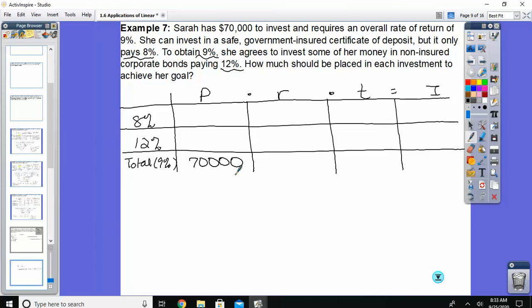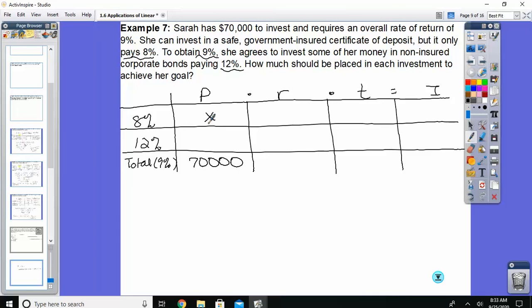So she's going to put some of her money in each of these other two things. Now here we have to be a little careful. I can't just say they're both X, because she doesn't put the same amount of money in each. So I'm going to make one of them X. Now let me ask you a question. If she has $70,000 and she put $10,000 in the first, how much would she have to put in the second?